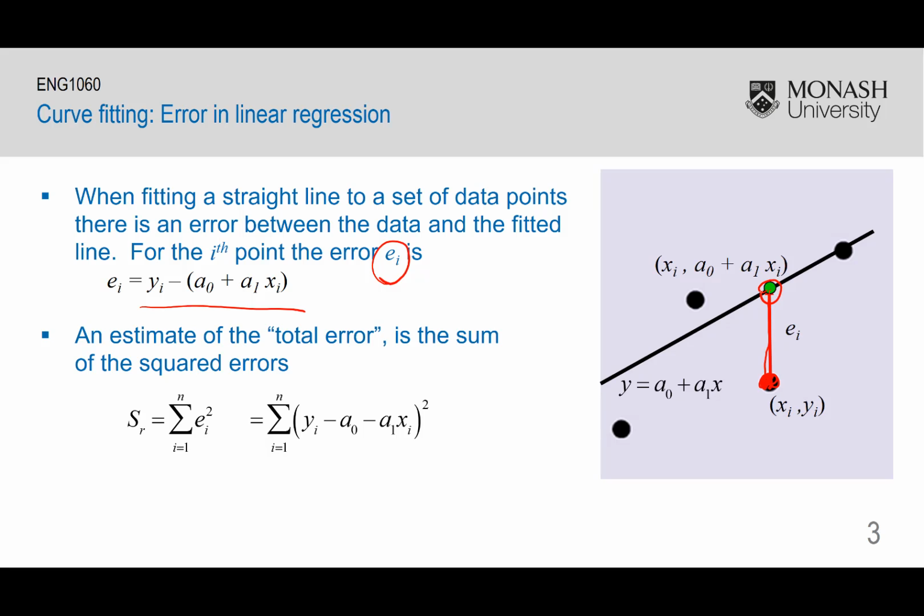An estimate then of the total error, that is over all of the data points, is the sum of the squares of the errors. So S_R is equal to the sum of these e_i squared, which just equals the sum of (y_i minus a0 minus a1 x_i) all squared. And recall that this sum of the residuals, this S_R, is what we minimize to find a0 and a1.